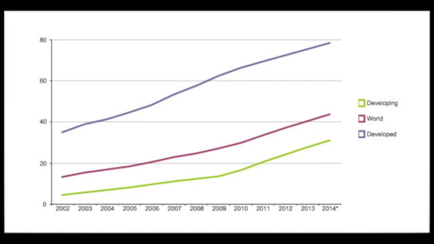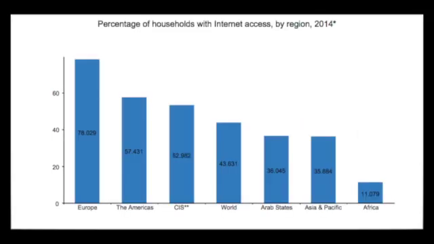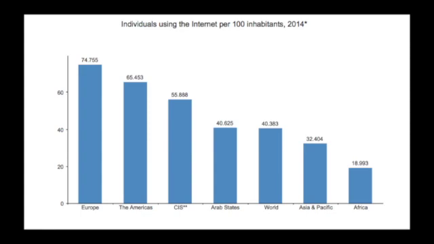Developing countries about 31.2. It's catching up, as I said, we are told it will catch up. Africa is the one which is getting the most attention now on this issue, because you can easily see 11.1. I mean, it's way below what it should be. So if you again look here, Asia Pacific 32.4.